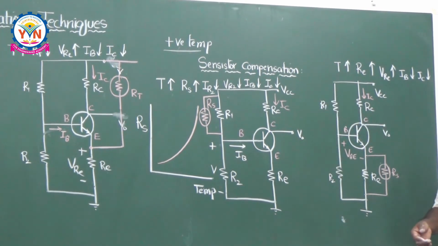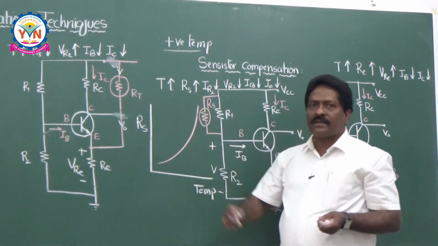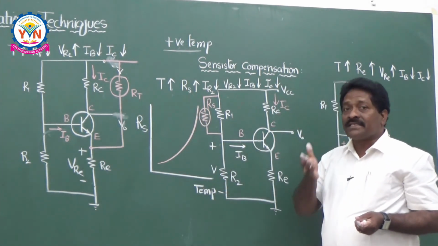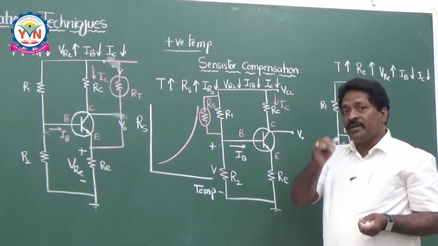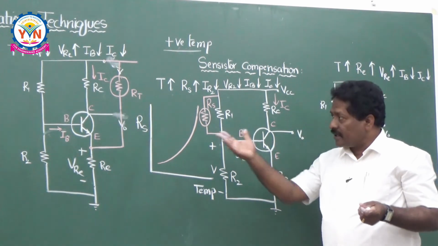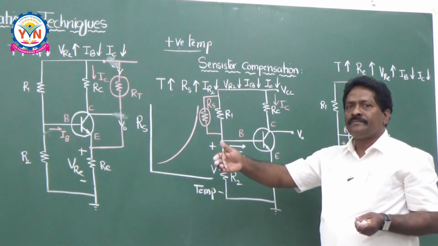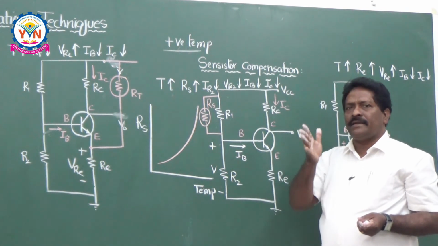In this class, I told you the compensation techniques. The reason for going for these compensation techniques is that in the stabilization techniques, using fixed bias, collector to base bias or self bias, which is also called voltage divider bias, fixing of the operating point is excellent.